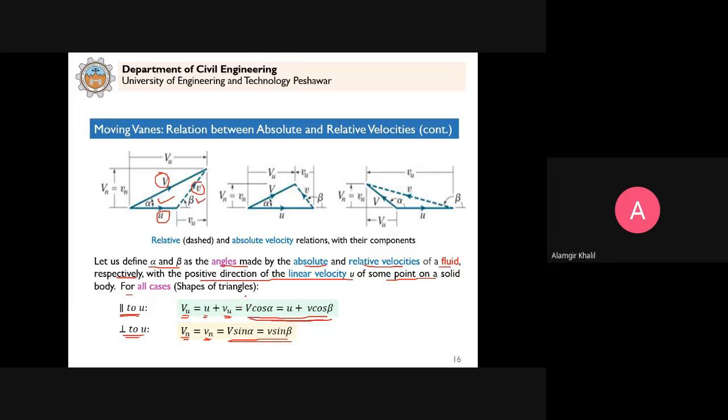Parallel to u means in this direction, and perpendicular to u means this direction. This will be the relationship between the three velocities, because perpendicular to u there is no component of u. So what we can say is that V cos alpha is equal to u plus small v cos beta, and V sine alpha is equal to small v sine beta.